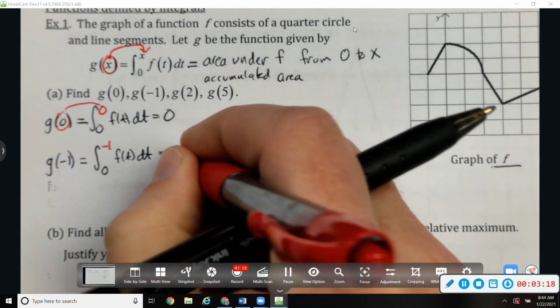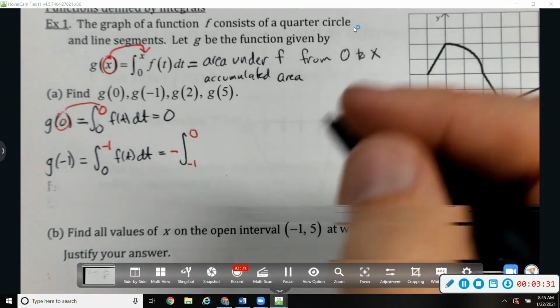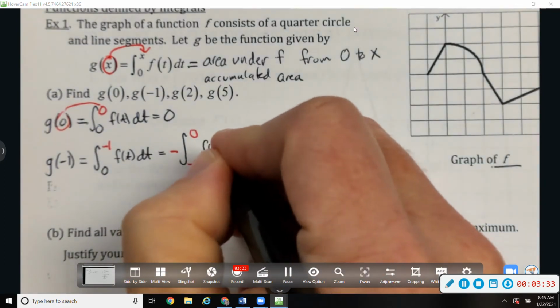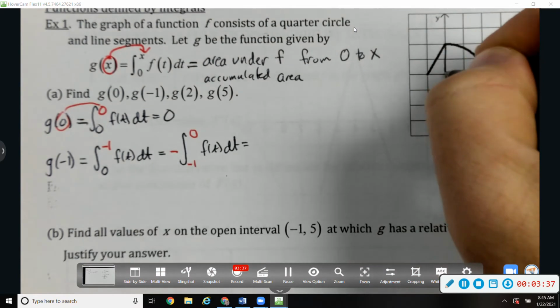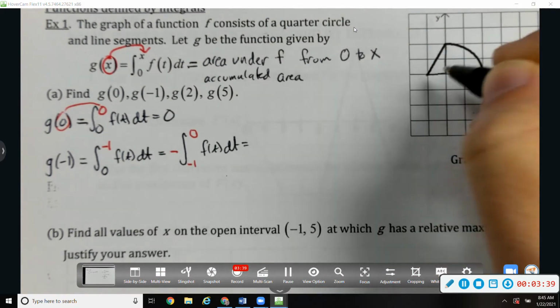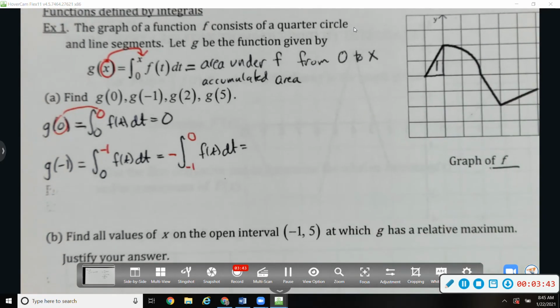Now, again, if you're really careful, you could avoid that. But eventually you'd have to throw a negative on there somewhere. So if you want to look at it and work backwards, you could do that. You would just have to know that you'd have a negative area. The area under that triangle, 1 times 2 divided by 2, is 1.